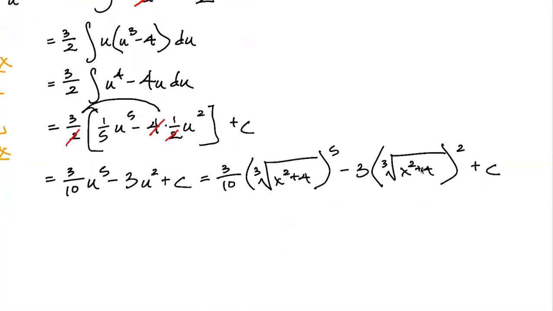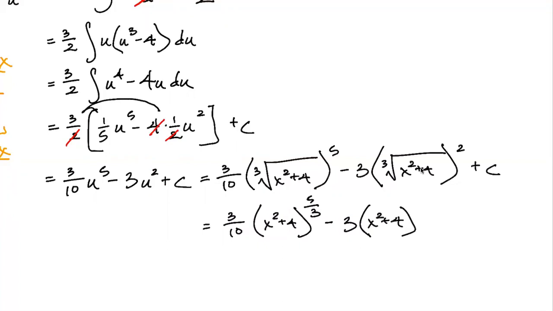Now, if you wanted to be super fancy, you could write those as ones with rational exponents or fractions in the exponent, and it might look something like this: 3/10 (x squared plus 4) to the 5/3 minus 3 (x squared plus 4) to the 2/3 plus c.